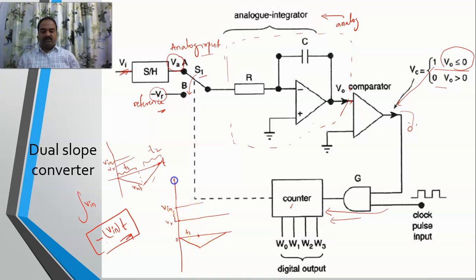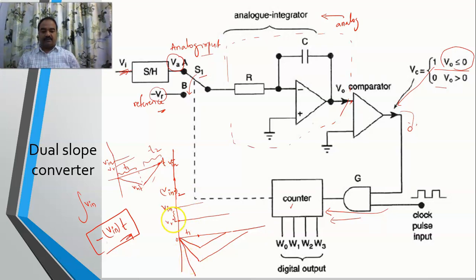If I go on increasing this V input for the second case, the slope will be higher, so I'll take more amount of time. If V input is at this peak value, the slope will be still higher.